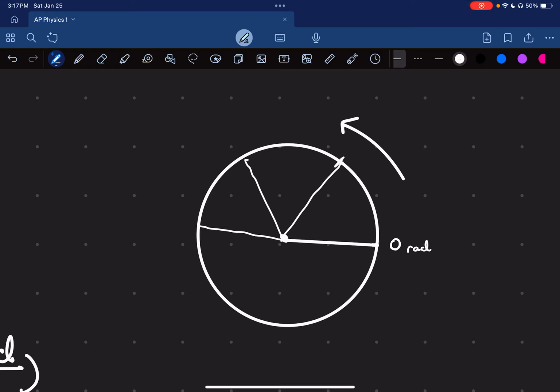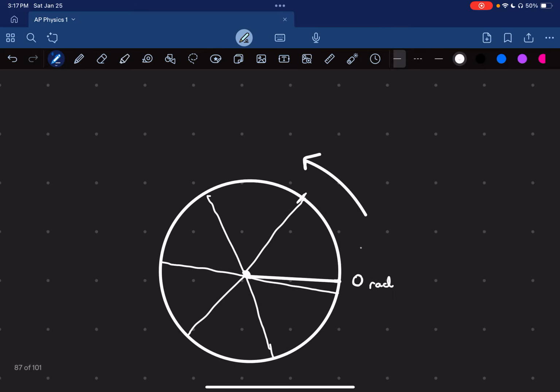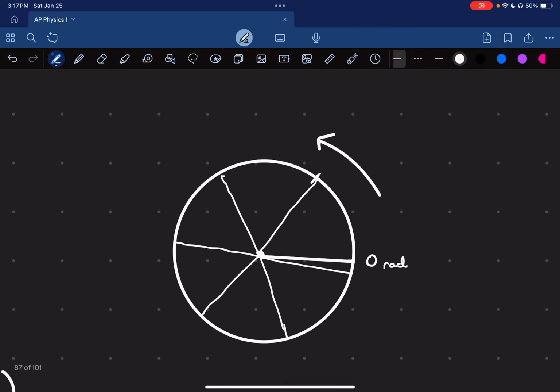And if you do this long enough, you end up with something like this. It's about 6.28, or in other words, a full rotation around this circle is 2 pi radians. Hopefully you're familiar with that, but if you're not, there's your introduction.